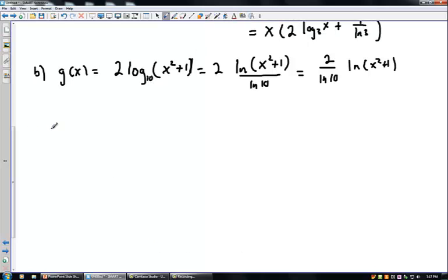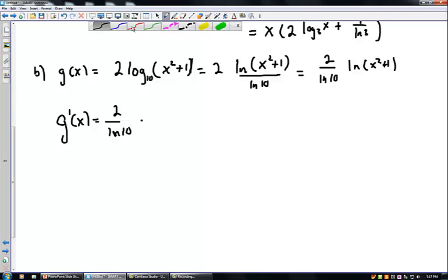So if I want to find g prime of x, what I need to realize is all I have here is a constant times a function. And the derivative of a constant times a function is just the constant 2 over ln of 10 times the derivative of the function.